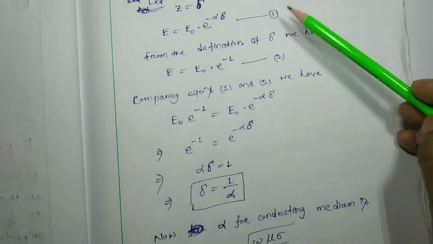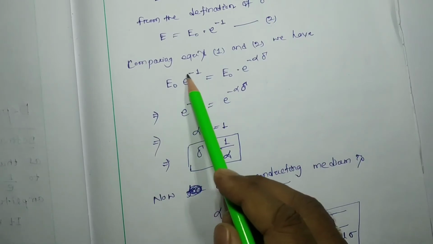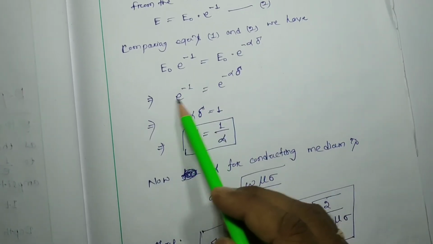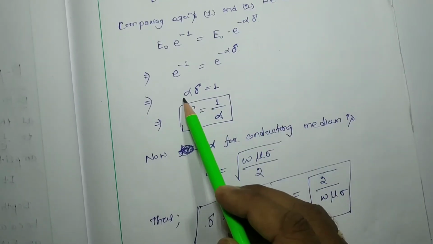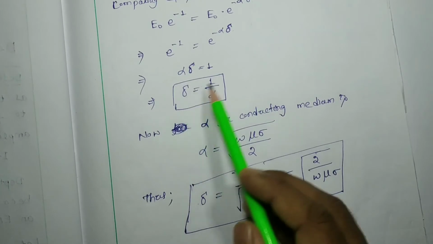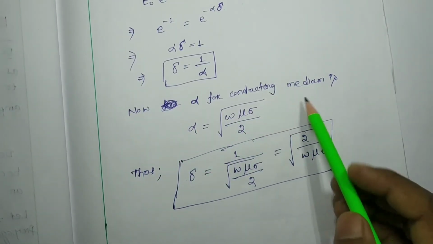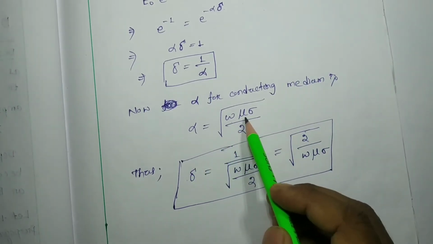Now we have to compare 1 and 2. We found E0 e to the minus 1 equal to E0 into e to the minus alpha delta. That implies minus 1 equals minus alpha delta, so delta equals 1 by alpha. Now alpha for a conducting medium is root over omega mu sigma by 2.